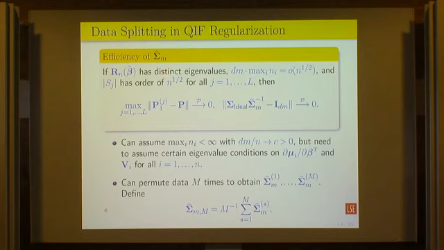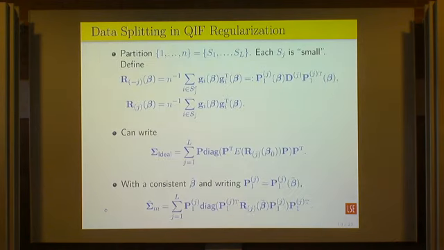All right, so S_J must have order root n. Here, the total number is n, right? So we want to group them into root n groups, basically. So L here may be going to infinity as well at a rate root n. And then we group different patients into groups, each group may have size root n, something like that.